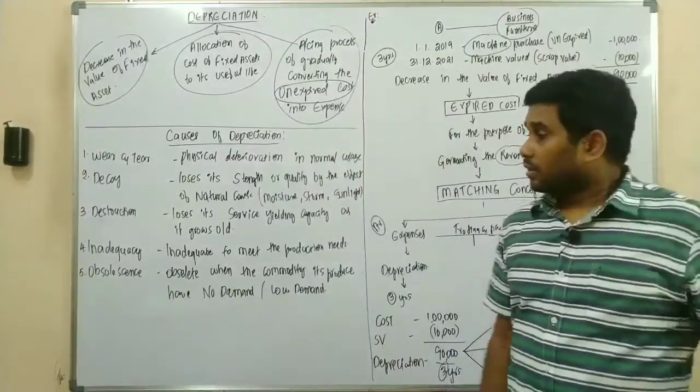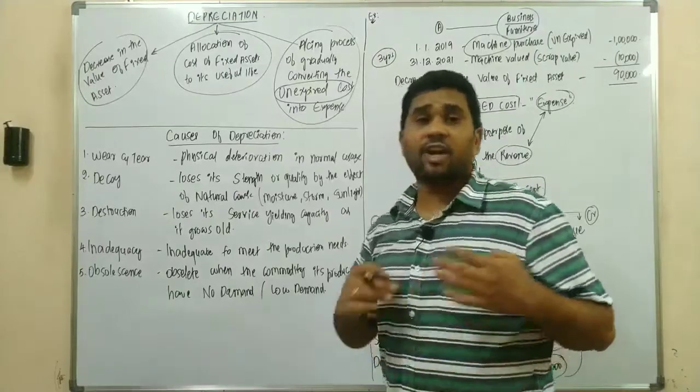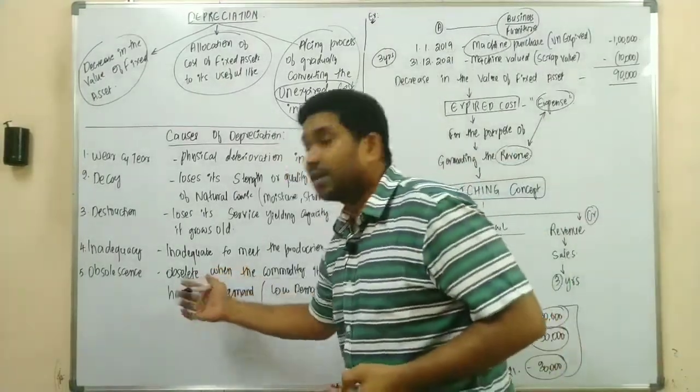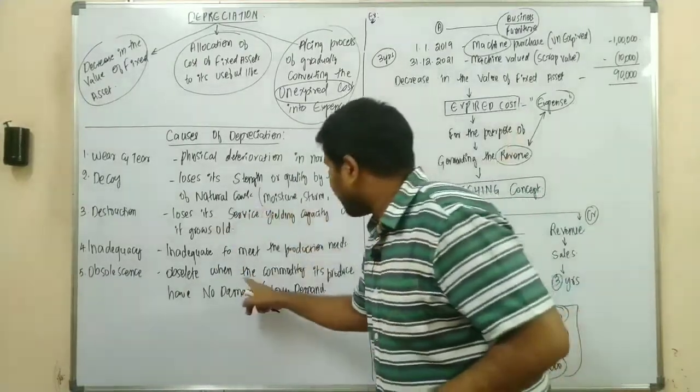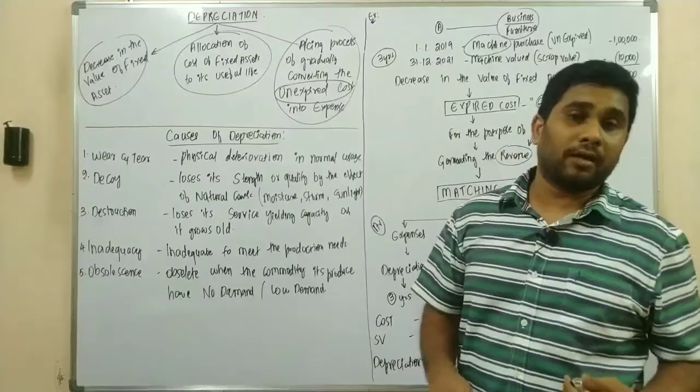This obsolescence can be termed as technological obsolescence. What is the meaning of technological obsolescence, sir? It is nothing but an asset becoming obsolete when the commodity it produces has no demand or low demand.